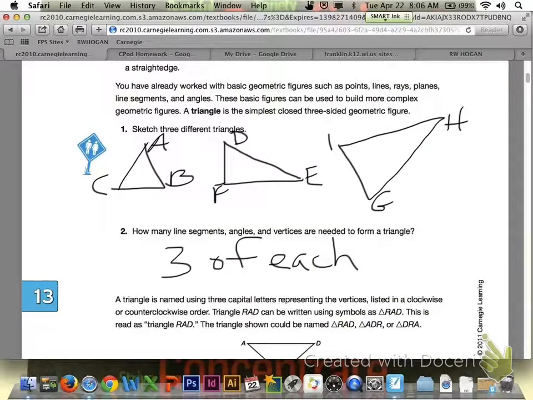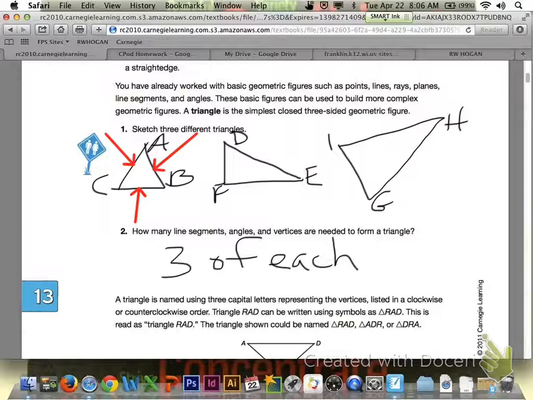So here are 3 sketches that I came up with for 3 different triangles. Obviously yours might look a little different. Number 2, how many line segments, angles, and vertices are needed to form a triangle? You're going to need 3 of each. If we just focus on triangle ABC that I drew up in number 1, you have 1, 2, 3 line segments, segment AB, BC, and AC.